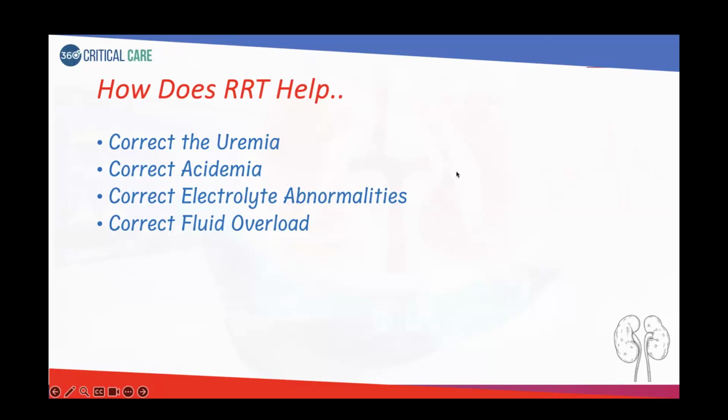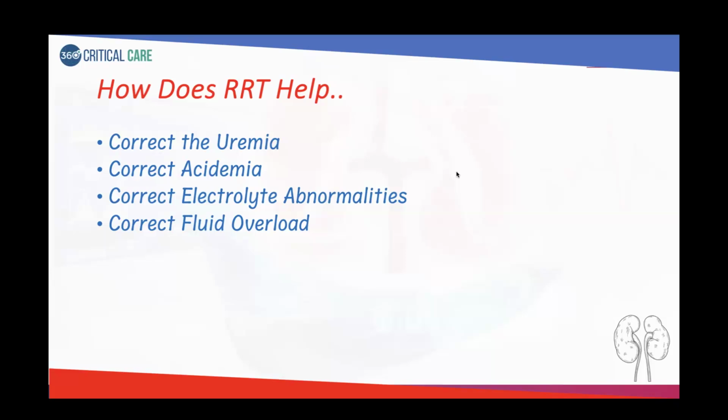So as we're talking about, there are many modalities of renal replacement therapy that we work on based on what sort of pathology the patient is experiencing. We choose one modality based on the resources that we have, or based on the end outcome of treatment we aim at.